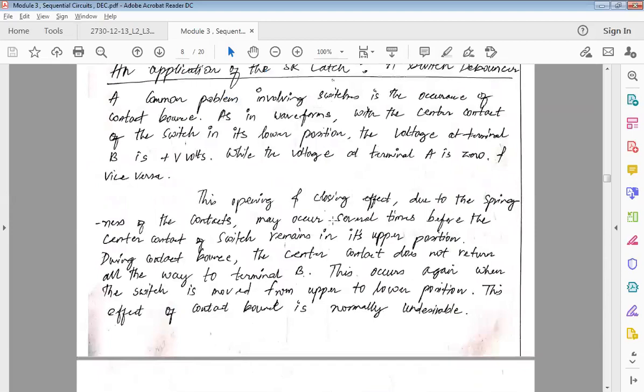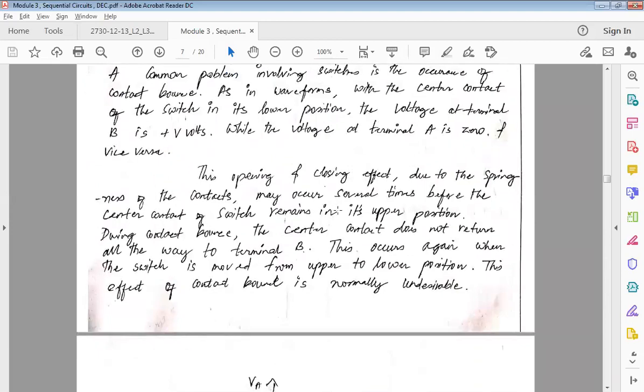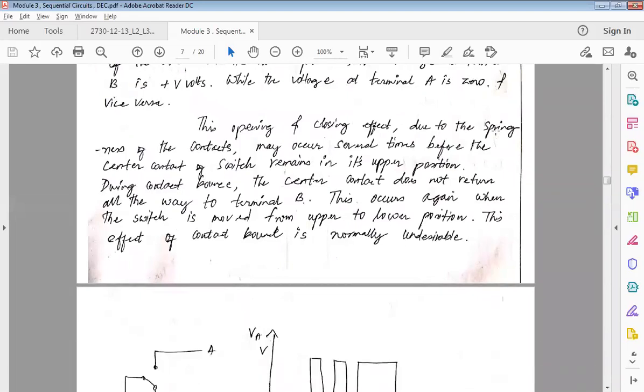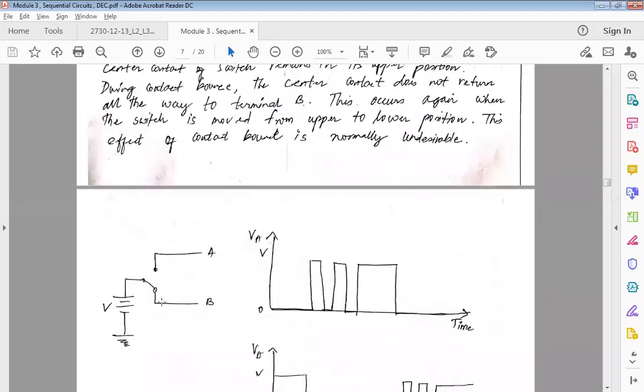The next thing that you can see here is that the voltage at terminal B is plus volts, while the voltage at terminal A is 0. As I told you, these voltages act opposite to each other. The switch cannot be connected to both points B and A at the same time.